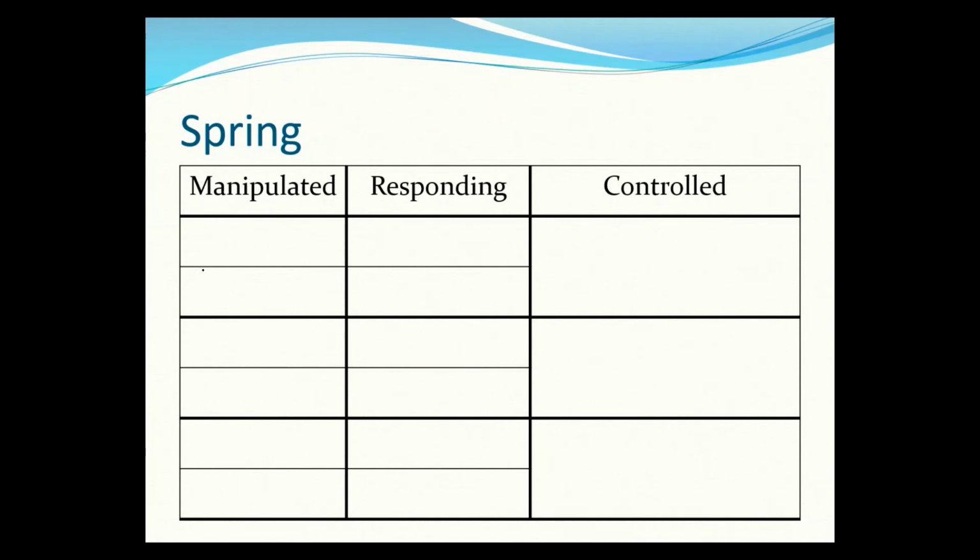So just brainstorming things that we could change: we could have a large mass, and we could have a small mass, right? And for all these responding variables, it's all our period. That's what we're trying to change. We're trying to find out how can we change our period? What can we manipulate, right? So other things that we can change is a spring constant.